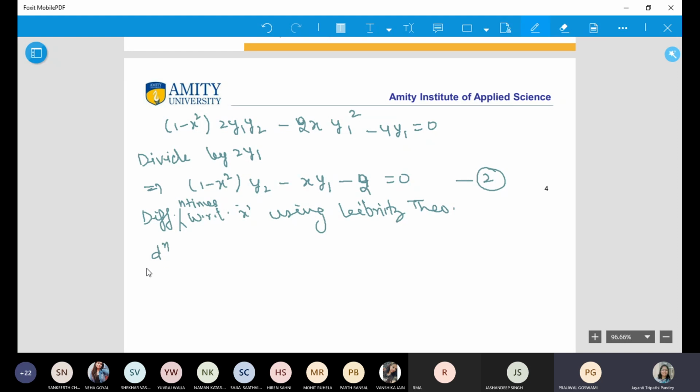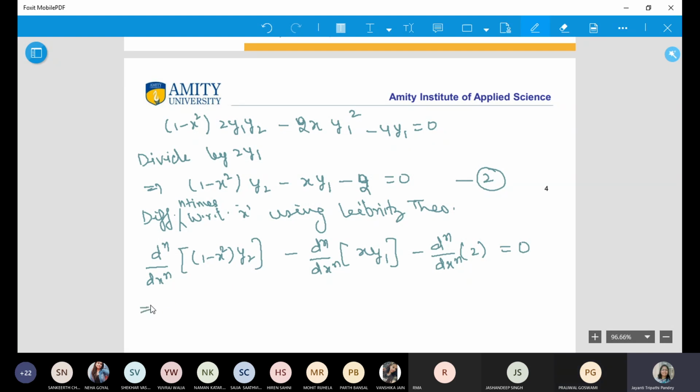So dn by dxn. Here apply the product rule using u and v as I had told you. So this will give you this. Now do I write n directly? Okay, never mind, I'll write it in those steps.